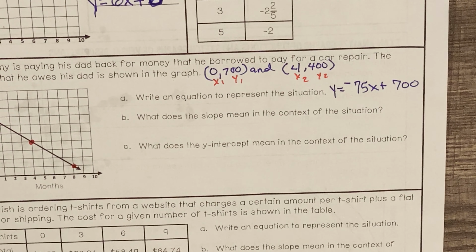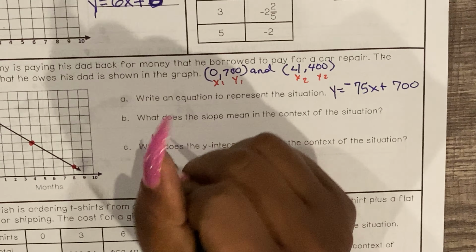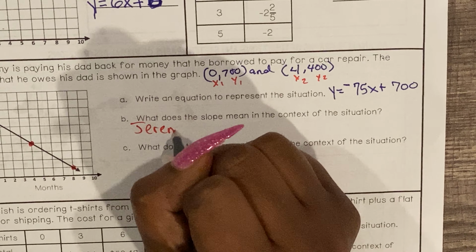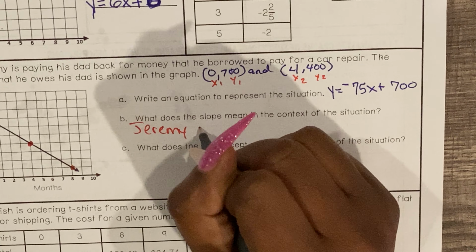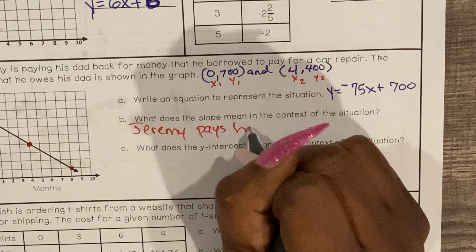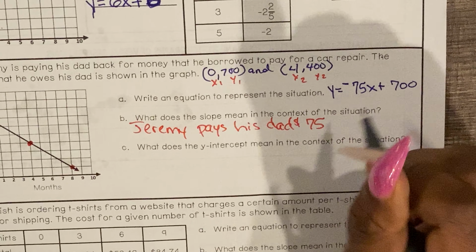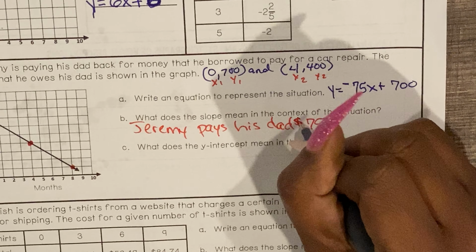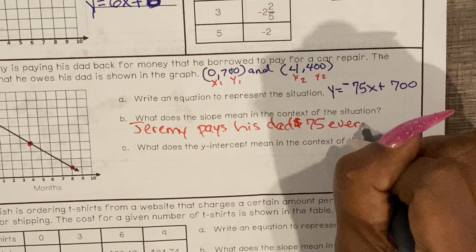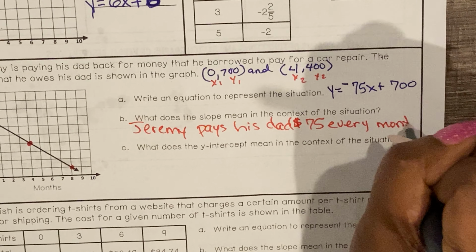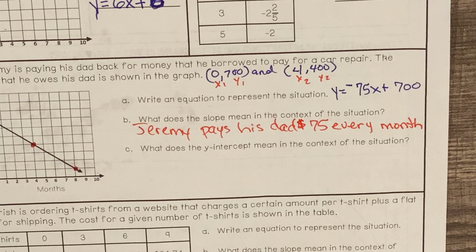So we would write it as Jeremy pays his dad $75 every month. Okay? That's all that means.